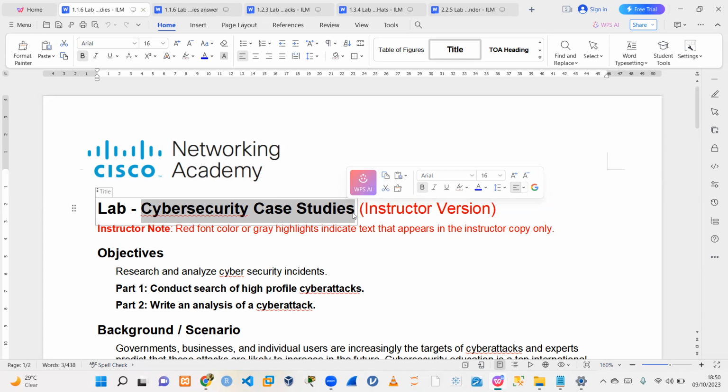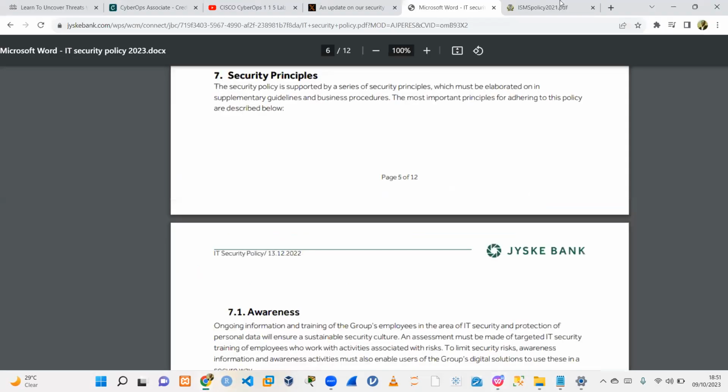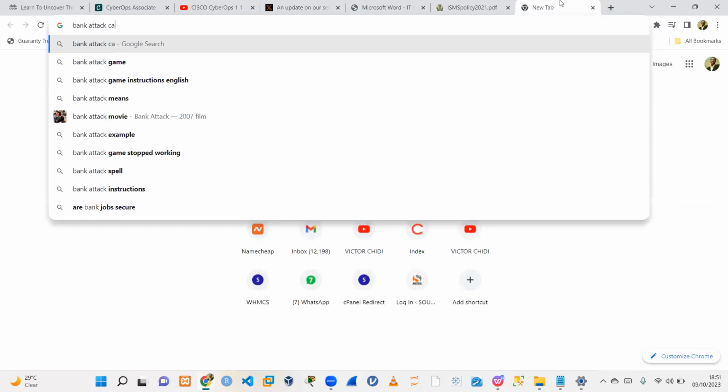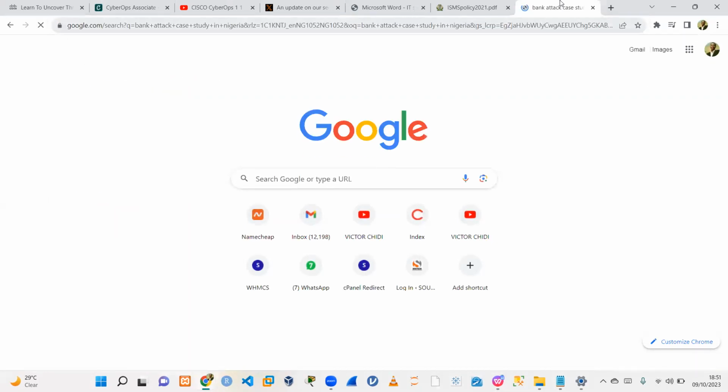Once you read these case studies, I don't mean the ones that the newspaper guys carry around. No, I mean a technical, case study based evaluation of an attack. That's the kind I want you to read. Take for instance, if you search bank attack case study in Nigeria, right?